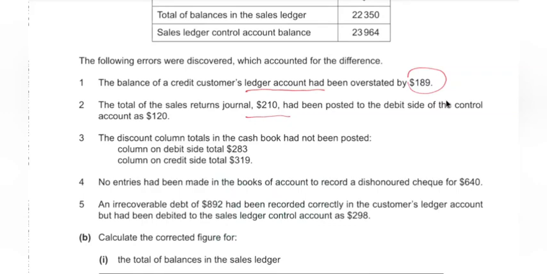So in order to rectify this, firstly this will be affecting the control account balance. So we can simply add these up. This 210 plus 120 will make up 330. Now this 330 will be reducing your control account balance because this is a sales return, so it will be reducing your credit sales value. So this 330 should be recorded in your sales ledger control account balance.